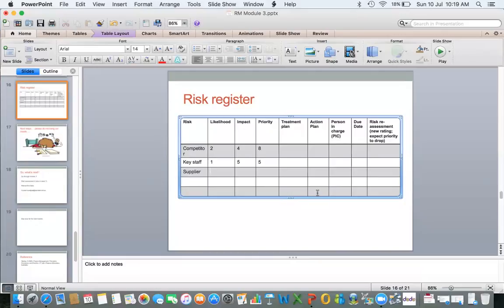What is the likelihood? Well, the likelihood for suppliers to not deliver the materials on time is moderate. Let's say 3. What is the impact? Well, the impact is we don't know when we will launch it.